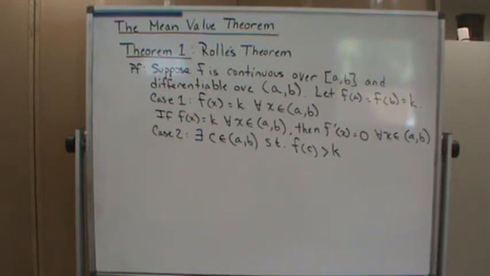Well, in this case, since f is a continuous function over the closed interval and it's bounded, the extreme value theorem says it has an absolute maximum.